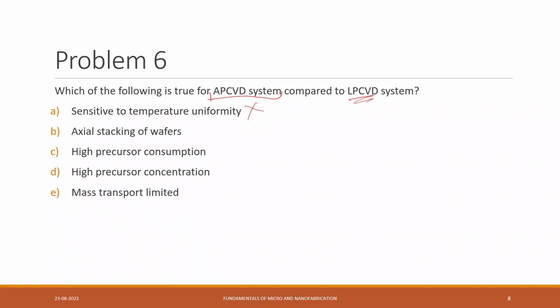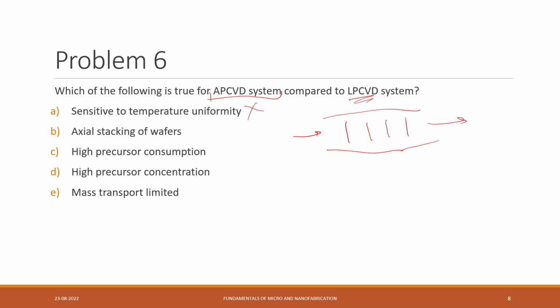The second is axial stacking of wafers. Axial stacking means that in the chamber, there is an inlet and an outlet, and we're stacking the wafers like this. Axial stacking is not ideal for APCVD systems, and it is mostly seen in LPCVD systems. That's why APCVD systems can't be scaled up, but in LPCVD you can scale it up.